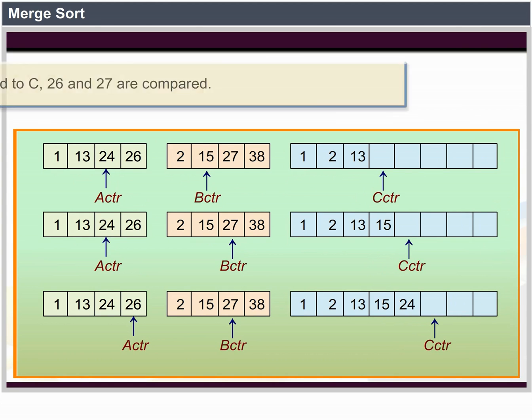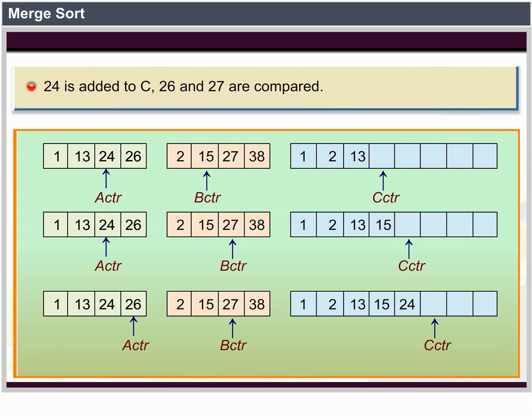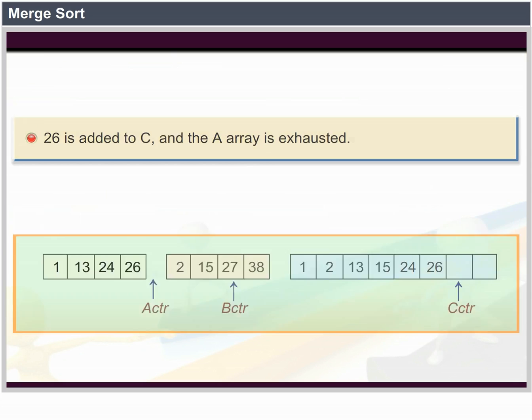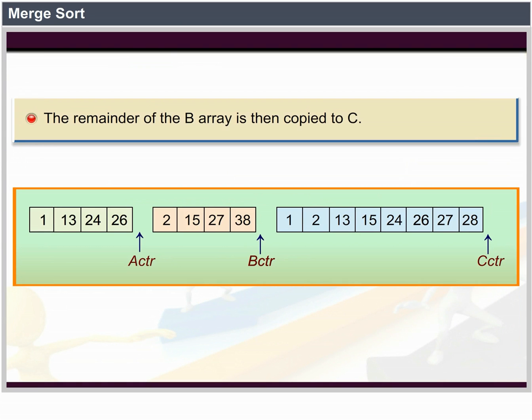Now 24 is added to C, then 26 and 27 are compared. 26 is added to C, and the A array is exhausted. Then the remainder of the B array is copied to C.